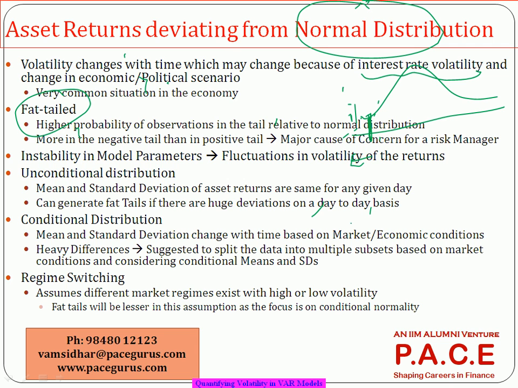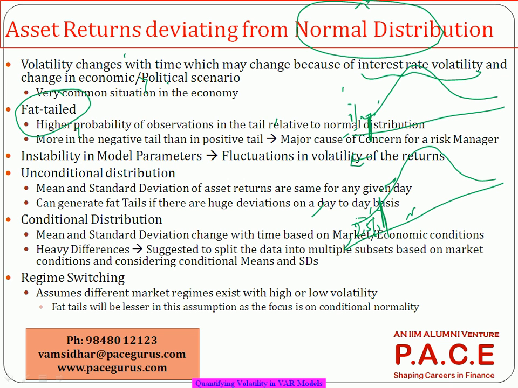But when I'm talking about a fat tail, the chance of observing beyond the same point is probably 2 or 2.5% or 3%, depending on how fat the tail is. Right? The chance of observing beyond a certain point will either increase or decrease. So we have to make sure how we address those kinds of fat tail scenarios and come out with a much better definition of the VAR.